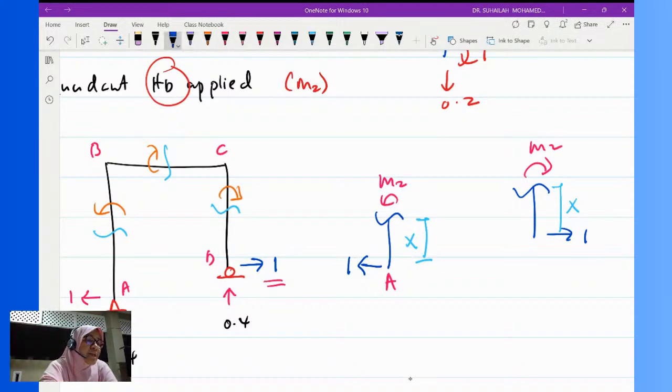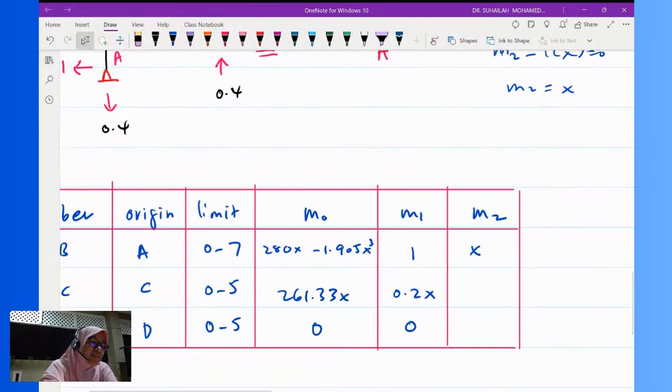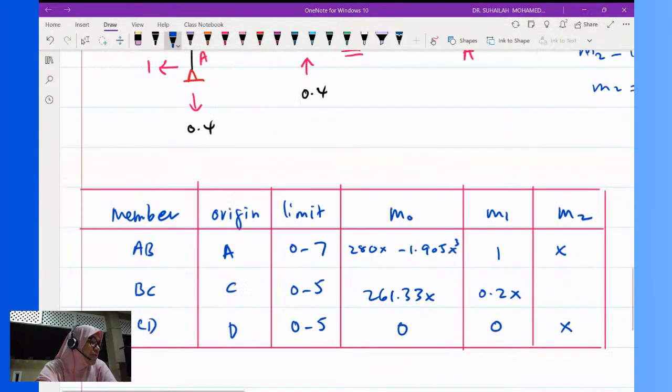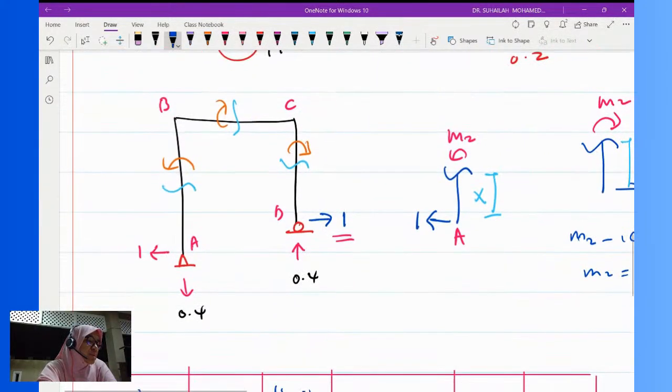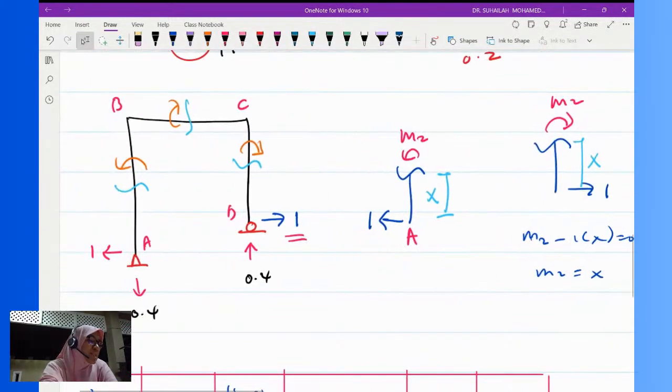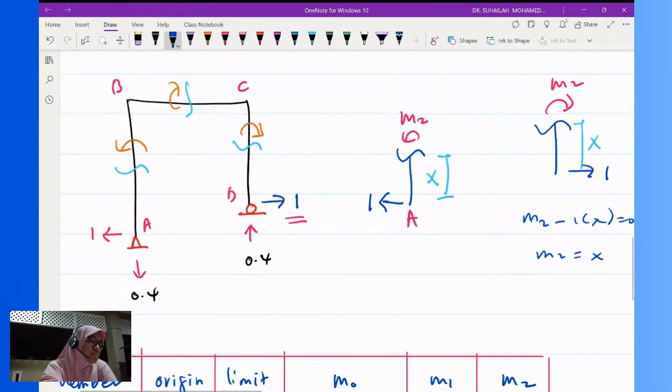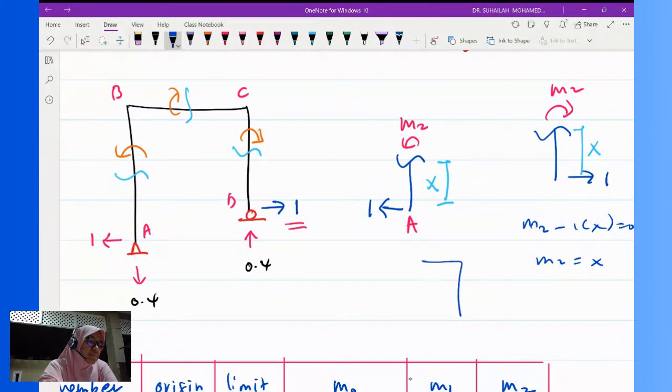And this is M2 minus 1 times x. M2 is x. And for BC, we have 1 and 0.4.